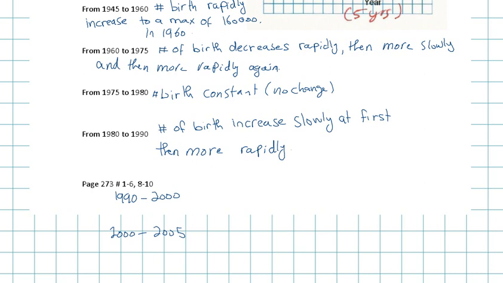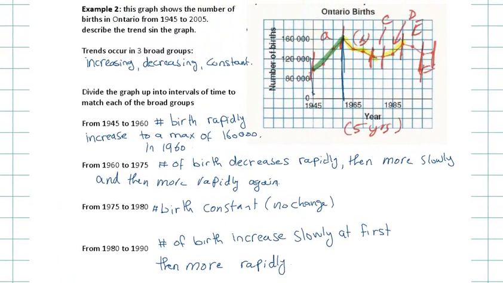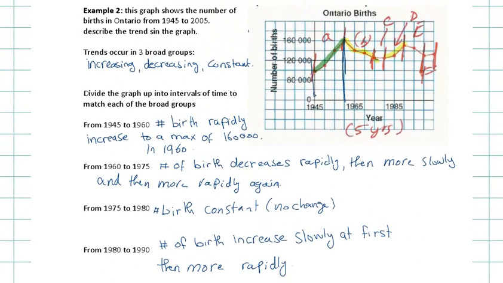So if you look at the graph, what do you see from 1990 to 2000? Slow decrease, then a rapid decrease. Slow, then rapid.